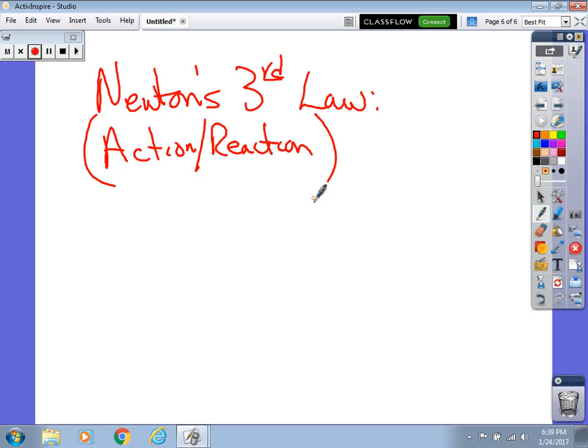Newton's third law is a two-body law. In other words, every time we talk about Newton's third law, we have to talk about two things. There are two things always going to be involved, right? So the example that I use, and please pardon my art, everyone, you're just going to have to get over it.